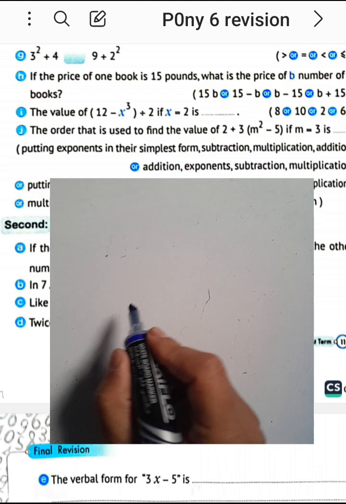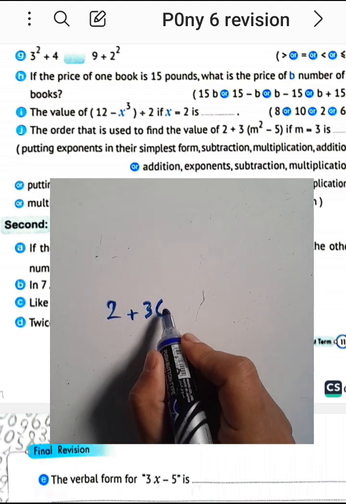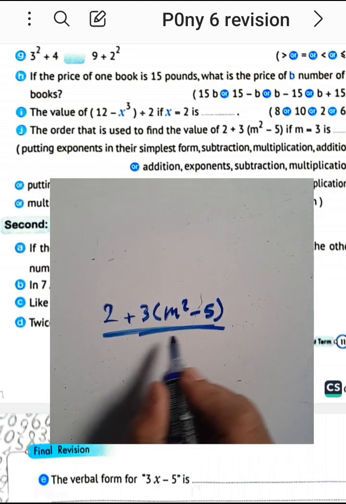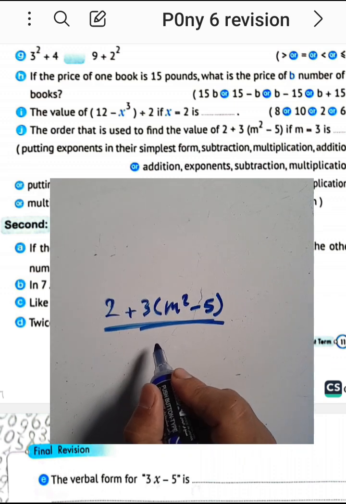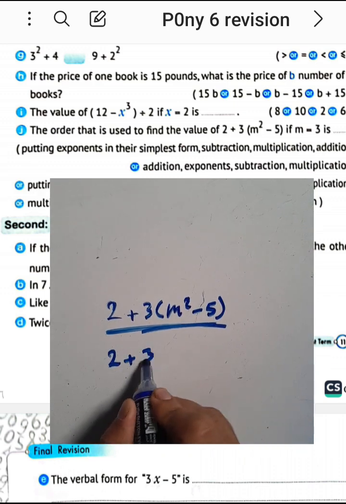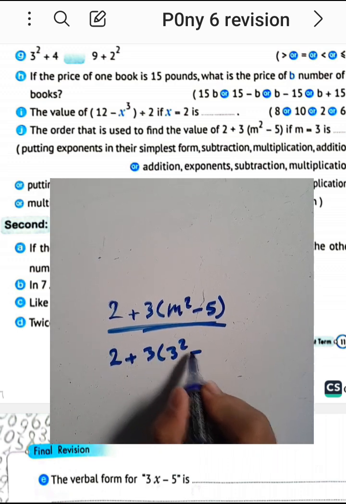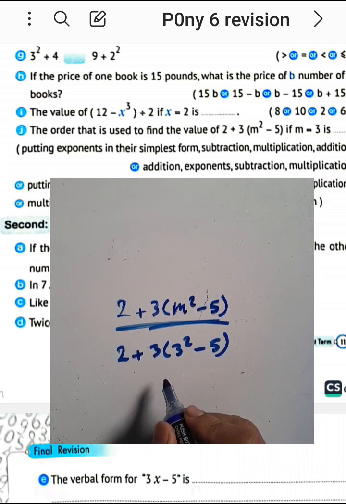In this example, we have 2 plus 3 times m power 2 minus 5. The first step here is the exponent.